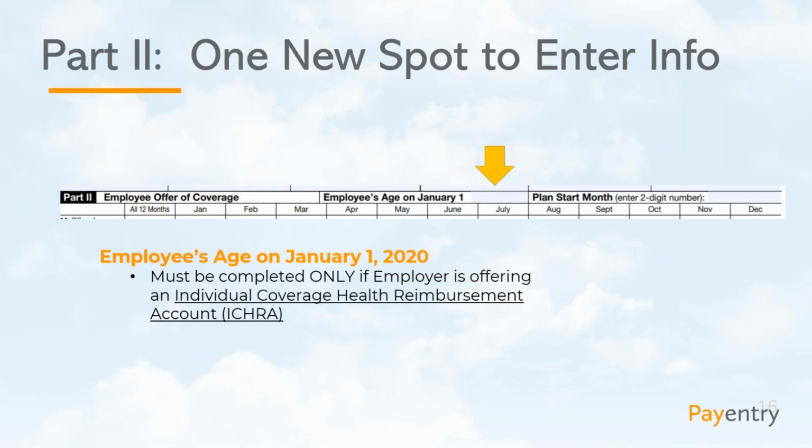There's one new spot on Part 2 of the form to enter information, and this is the employee's age on January the 1st of 2020. You don't need to worry about this because our system will pull this for you, but this has to be completed only if you're offering an individual coverage health reimbursement account. It's a new type of health reimbursement account that employers can provide to employees.